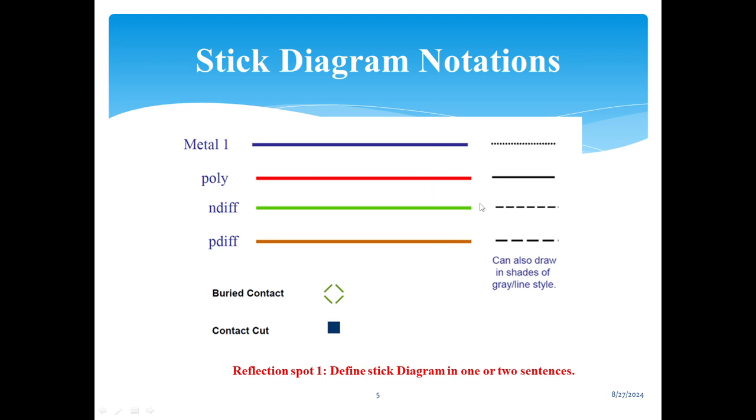If colors are not used, then there are different line styles which indicate the same: dotted line for metal, straight line for polysilicon, dash line for N diffusion, and dash line with more width for P diffusion. This is a buried contact and this is a contact cut.